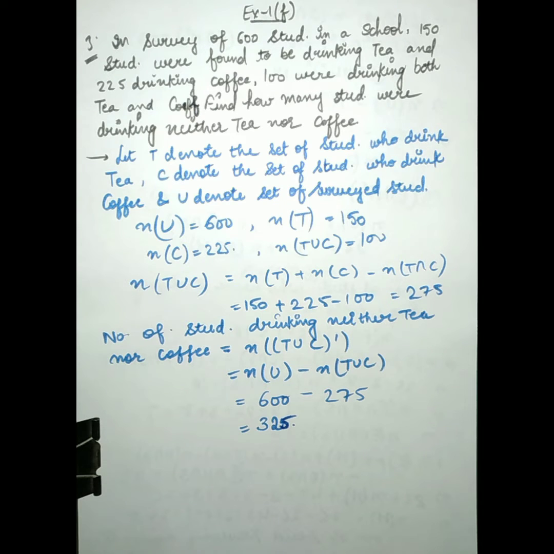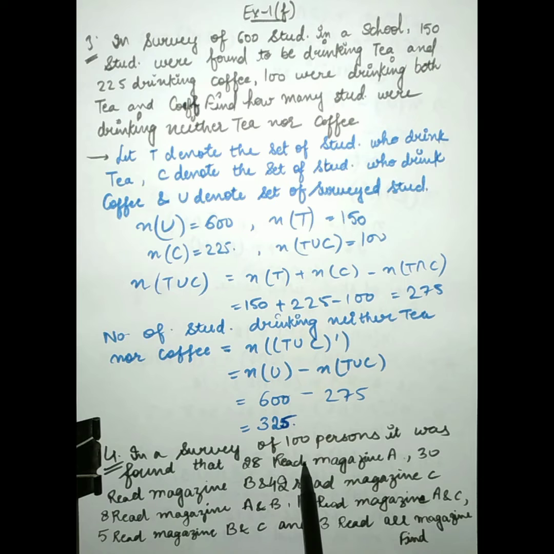Now the next question is, in a survey of 100 persons, it was found that 28 read magazine A. That means n(A) will be equal to 28, B is read by 30, and magazine C will be read by 42 persons. 8 read magazines A and B, A and C will read 10, B and C will read 5, and 3 will read all the magazines.